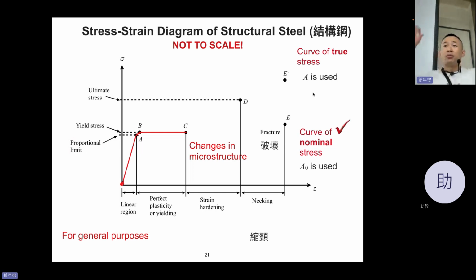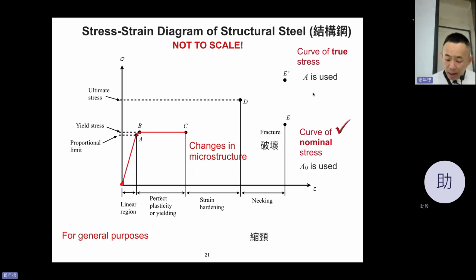What is yield? I yield, I stop fighting, I lay down and become lazy. So the material won't have any more stress to resist the strain, so the strain will suddenly increase. This is called perfect plasticity, or yielding.